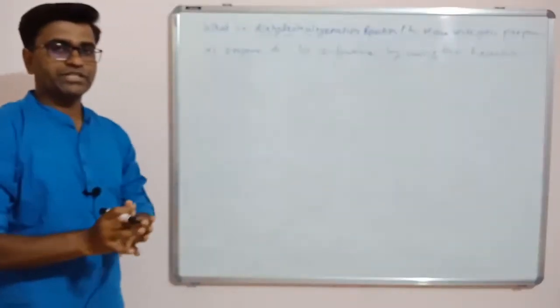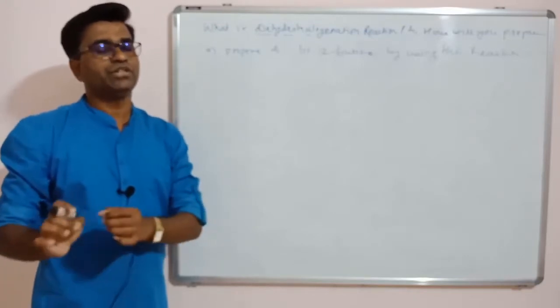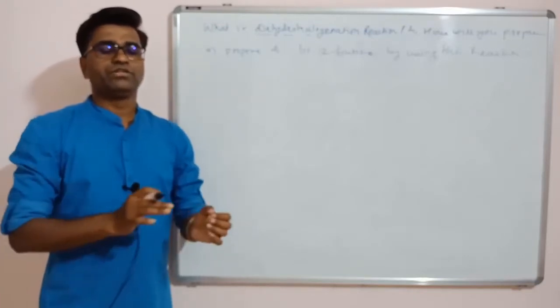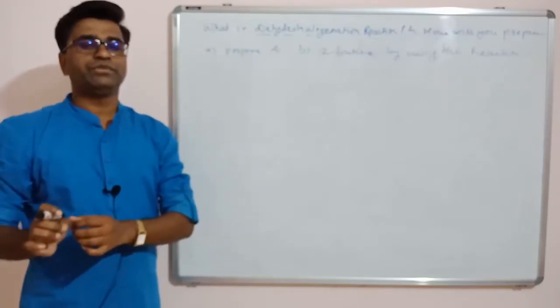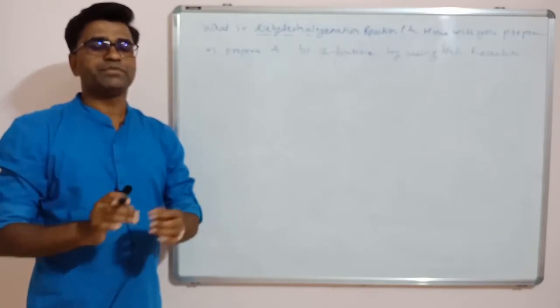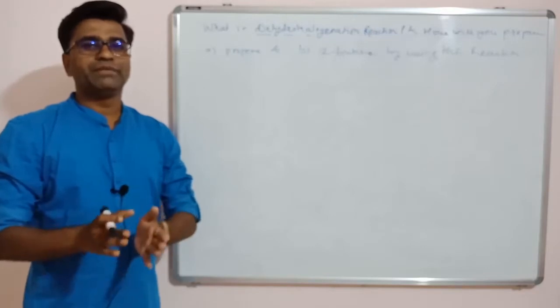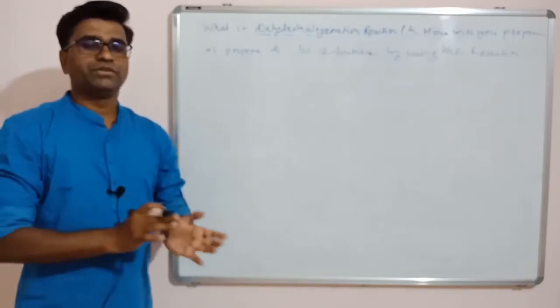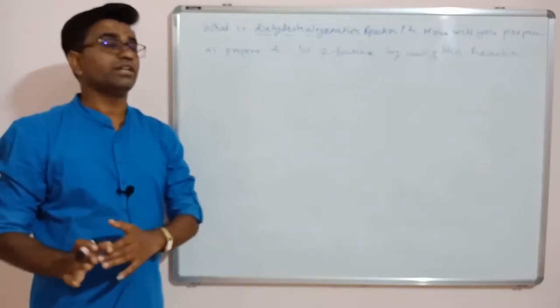So removal of hydrogen and halogen, those reactions are called dehydrohalogenation reactions. In these reactions, halogen and hydrogen atoms are eliminated from two neighboring carbon atoms to give an alkene as a product.